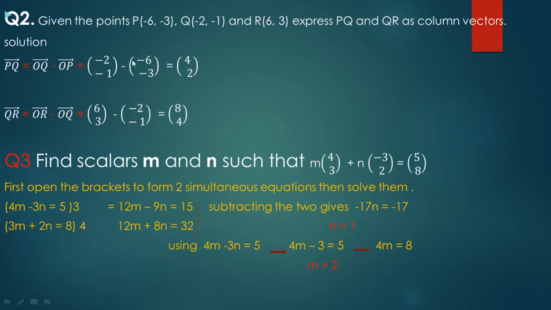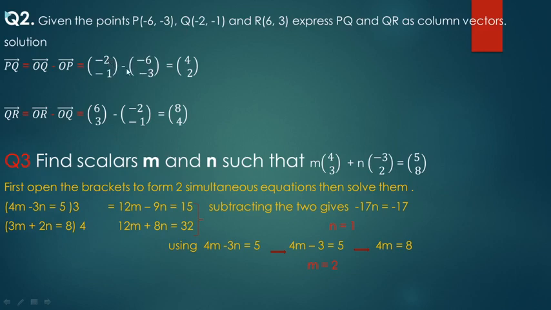So vector PQ is the position vector of Q minus the position vector of P. Q is (-2, -1) in column form, and P is (-6, -3).